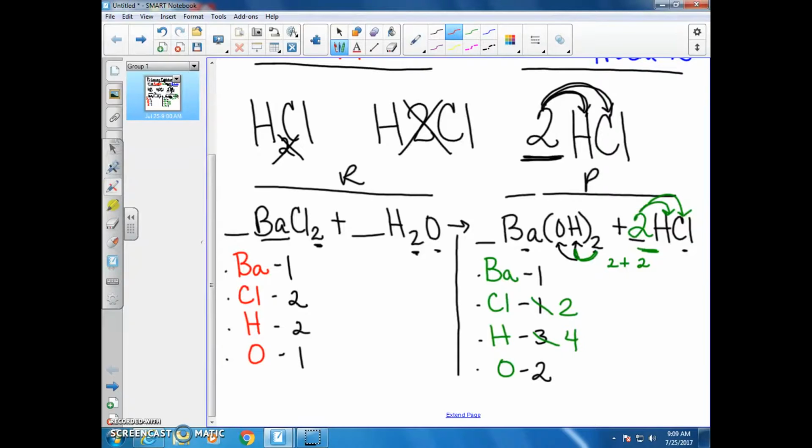Luckily, they're together in water. So let's put a 2 in front of the H2O because 2 times 2 is going to give me the 4 H's that I need. It's also going to be 2 times 1 for the oxygen, and give me 2 for that.